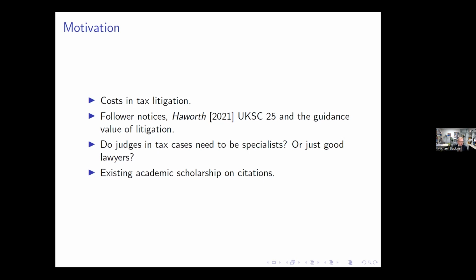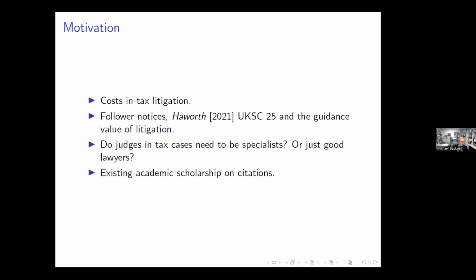That follower notice imposes penalties on the taxpayer if they continue with the litigation, and can also require them, with an associated accelerated payment notice, to pay the tax up front. And those penalties are actually quite high. They were originally 100%, now they're about 60%.